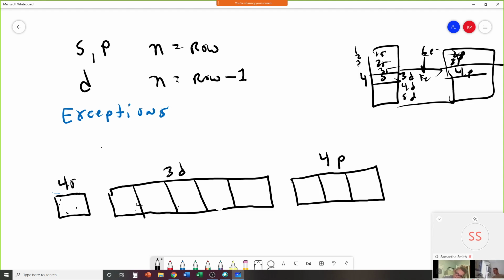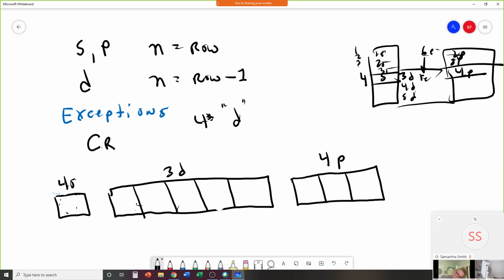Okay. So if I was to do chromium, let's do chromium. All right, where is chromium? Chromium is 1, 2, 3, 4. It is 4 across. Okay, we're just going to say it's the fourth D, which means there's 4 electrons.